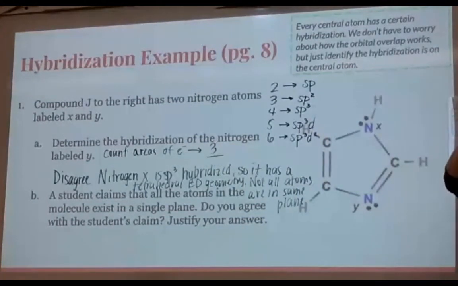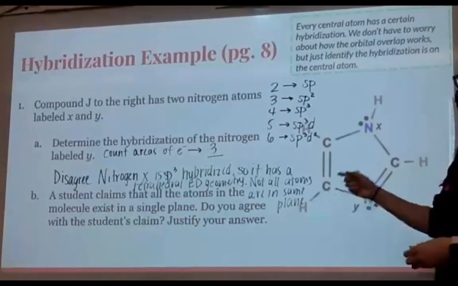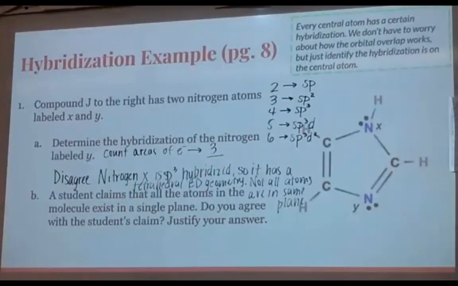Nitrogen Y, all the atoms in this part lay in the same plane. But once we get to tetrahedral or trigonal bipyramidal, they're not going to lie in the same plane. Okay, so that was just kind of a sample question. Lying in the same plane means we're looking at 2-dimensional versus 3-dimensional structures.